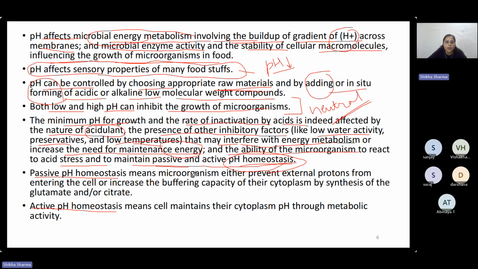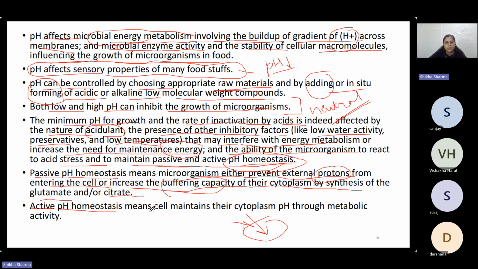Passive means that the microorganism either prevents external protons from entering the cell, or increases the buffering capacity of its cytoplasm by synthesizing glutamate or citrate. So either they produce a buffer or they prevent the external protons, H plus ions, from coming inside the cell.